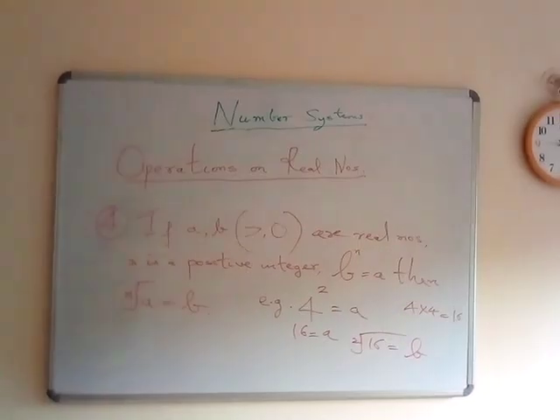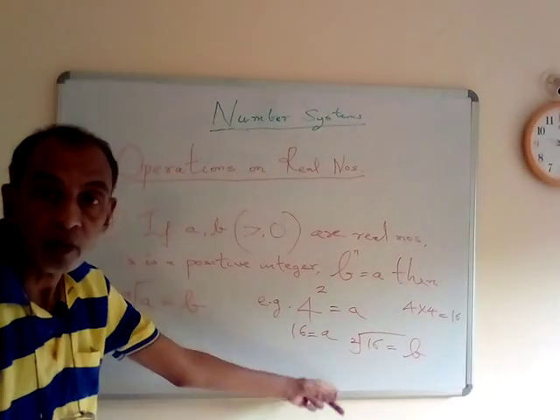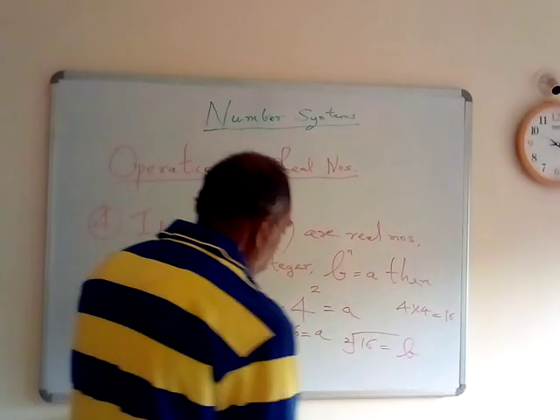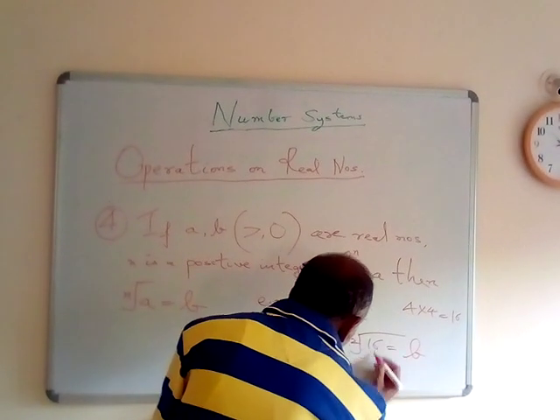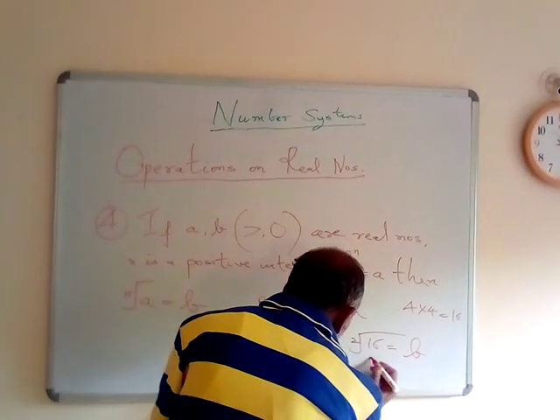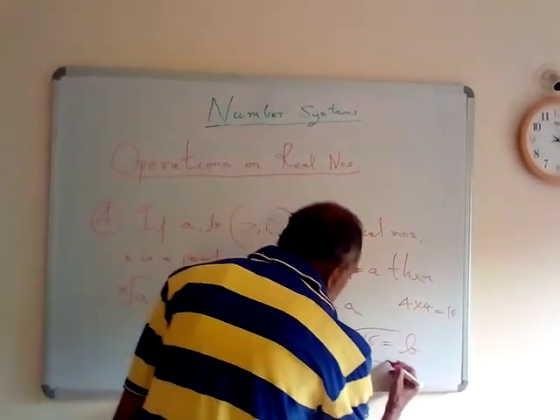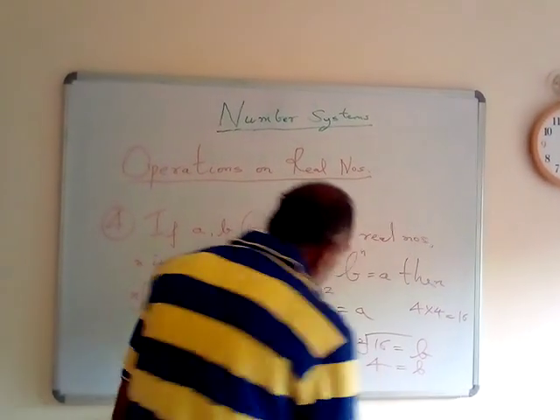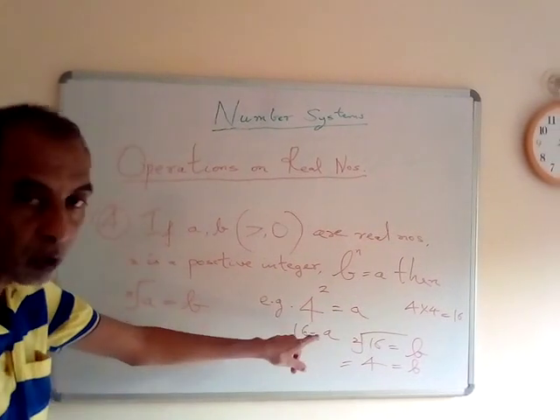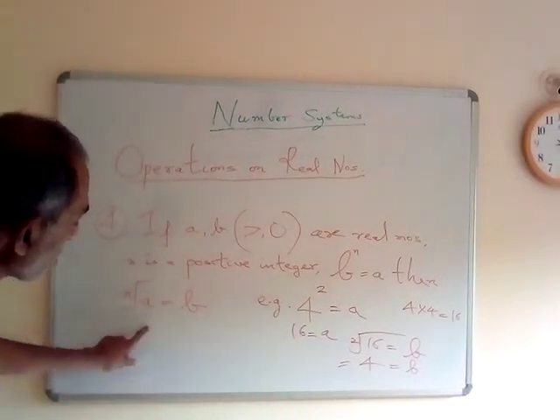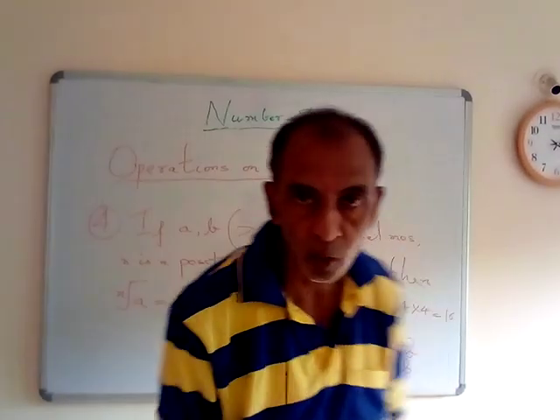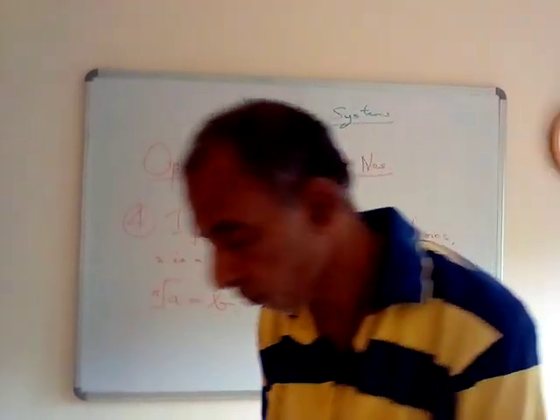So what will be the square root? It will be 4. The square root of 16 is 4, so 4 is equal to b. So here we have taken b is equal to 4. So with numbers I am explaining to you just this property. You got it? We'll go to the next, the fifth one.